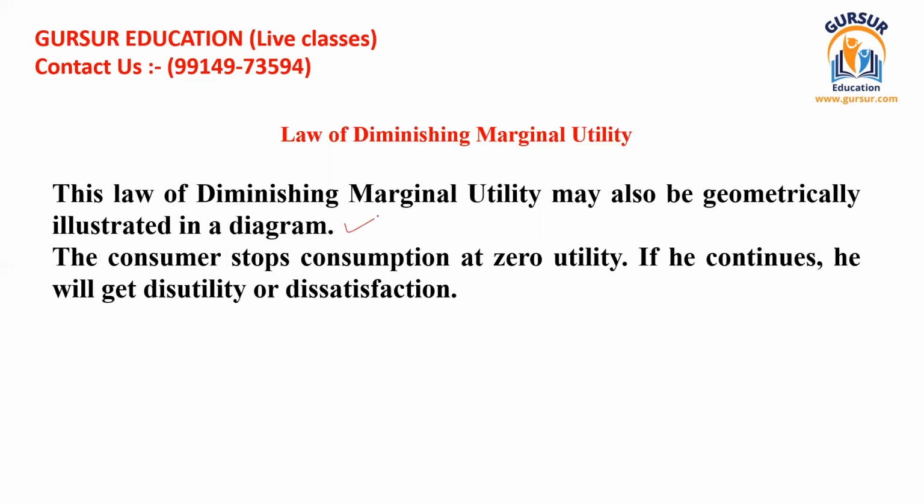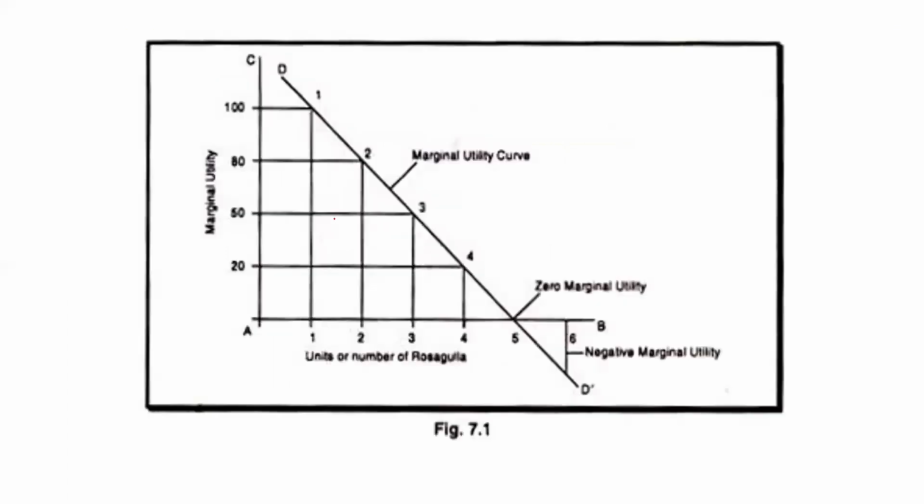This can also be explained geometrically. It is just an extension of the previous figure we have already understood. The number of rasgullas is given on the AB axis and marginal utility on the AC axis. When you consume more and more units of a commodity, your marginal utility goes on diminishing.